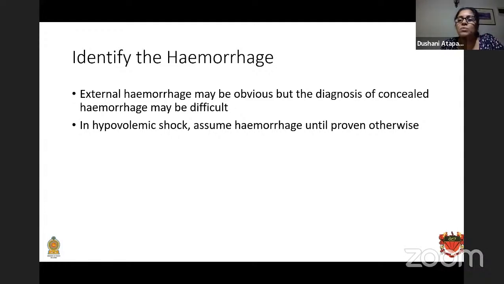You have to manage hypovolemic shock, a trauma or whatever, PPH, APH, a patient with a suspected ruptured ectopic. The patient is in hypovolemic shock, so assume hemorrhage until proven otherwise.